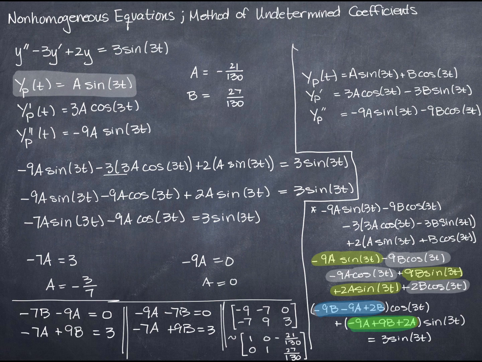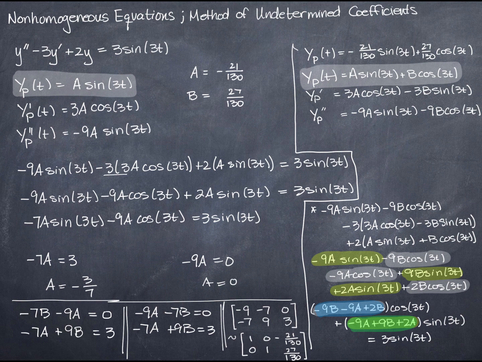And so the particular solution that I'm looking for is the one in which now I know a and b. So my answer here would be negative 21 over 130 times the sine of 3t plus 27 over 130 times the cosine of 3t. That is a particular solution.